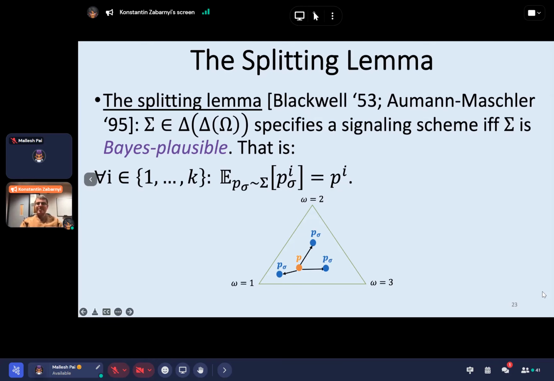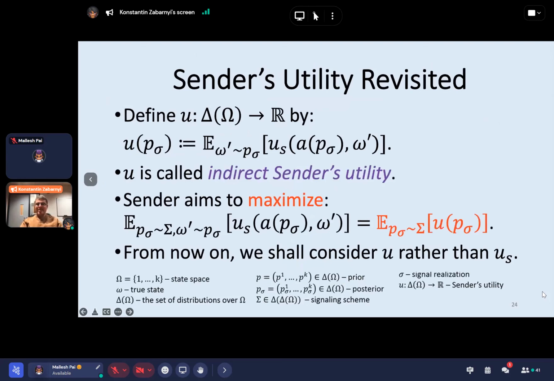And once we have this characterization of the inducible signaling schemes in terms of distributions over posteriors, and since we agreed even before that we only focus on the sender's point of view, let's get rid of the receiver's utility and even of the receiver's action.